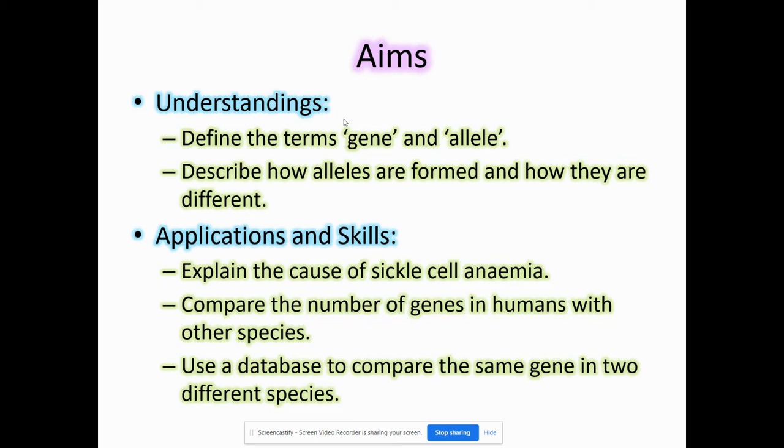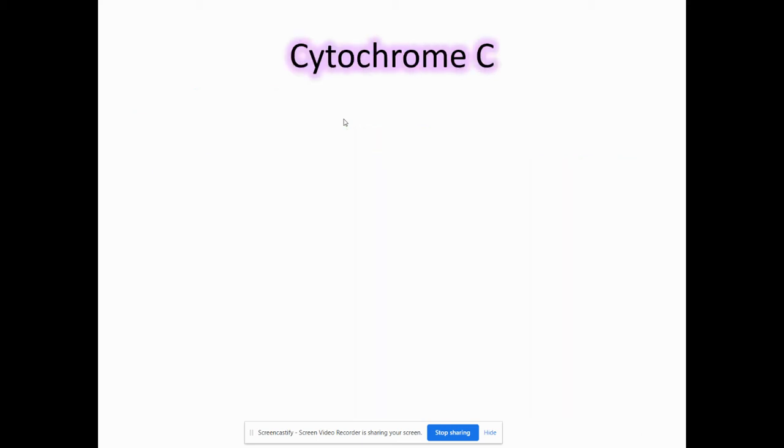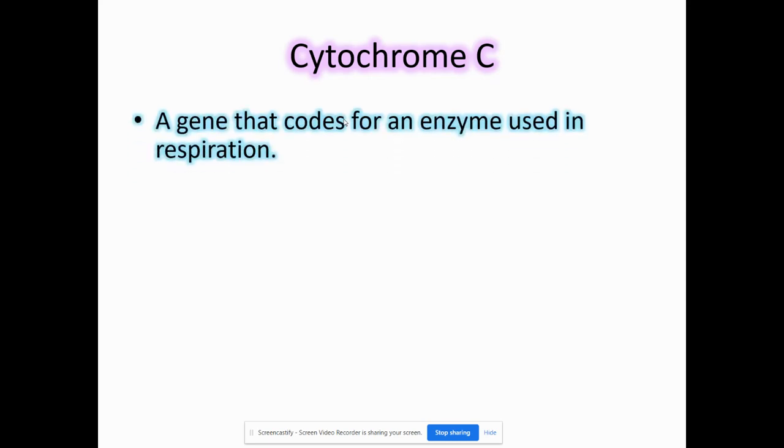So what you're about to do is you're going to go to a website, and you're going to look at a gene called cytochrome C. I've picked cytochrome C for a reason. It's because it codes for an enzyme, and the enzyme is used in respiration. And as you know already, respiration is carried out by every living organism.